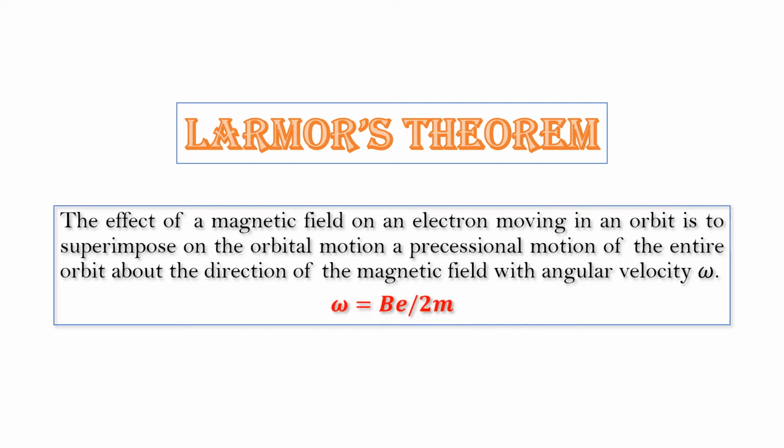The value of the angular velocity omega is equal to Be divided by 2m.